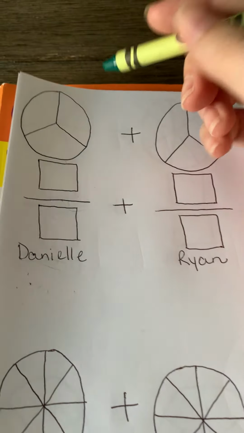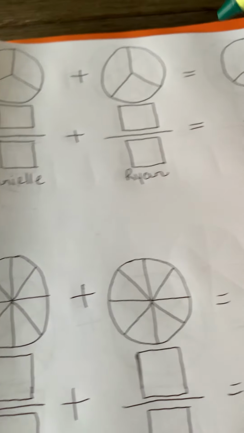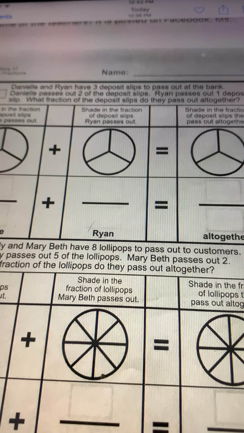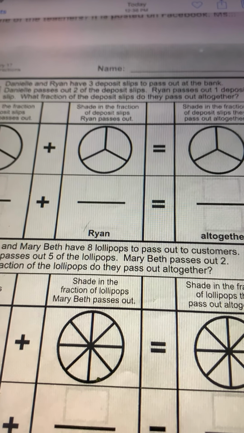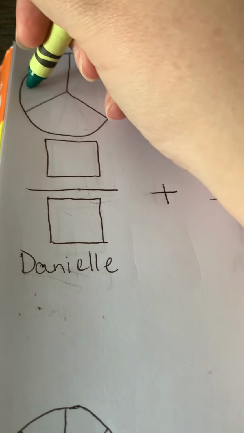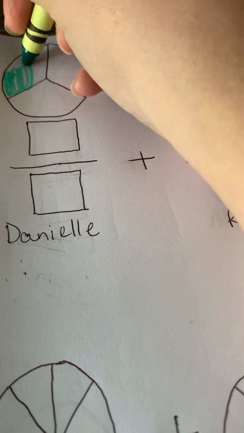So over on my sheet, I have 3 on each one. And this time we're going to be adding the fractions. So the first one that we need to look at is how many Danielle passes out. So it says that Danielle passes out 2 deposit slips. So we are going to color in two pie slices.